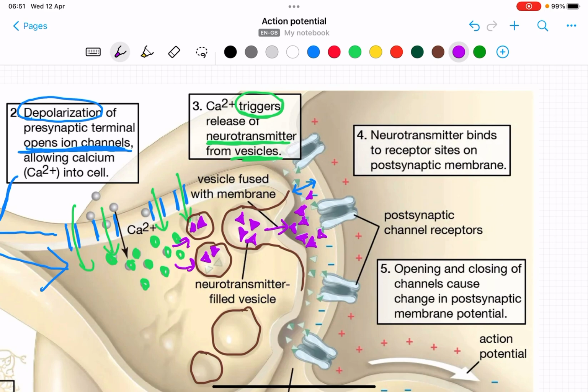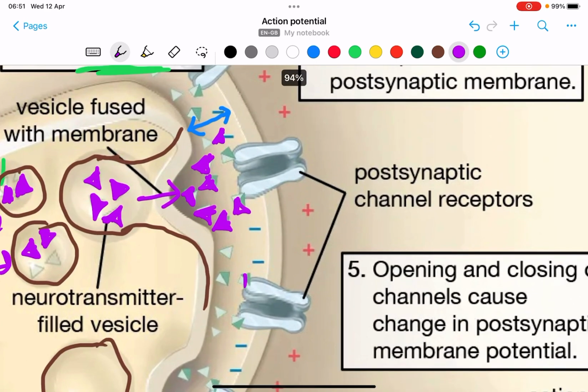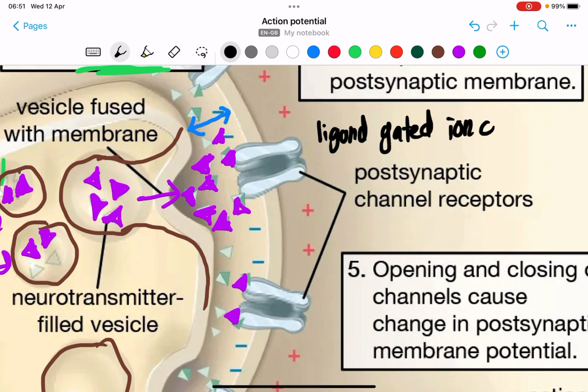What does the neurotransmitter do? It's going to bind to the receptor. Okay, we assume there is a receptor on the ligand-gated ion channel.